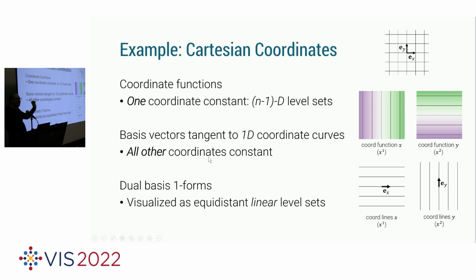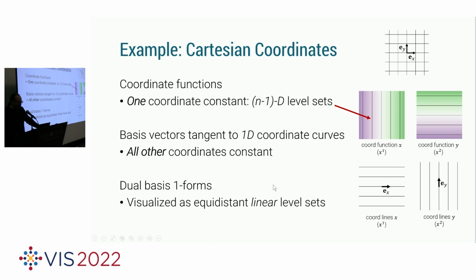So in that sense, it's kind of dual to one another. And on a general manifold, you would have level sets as curves and so on, or as surfaces, as hypersurfaces. But if you want to visualize the basis one forms, they are linear constructs, it's basically linearization, then you would have linear level sets.